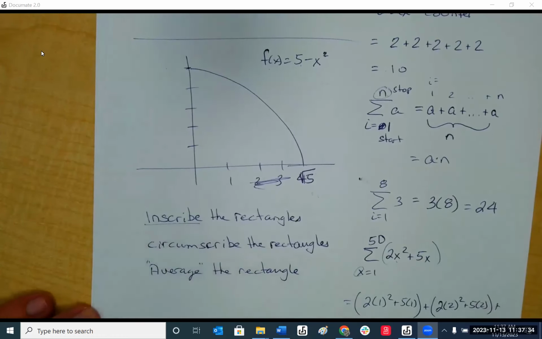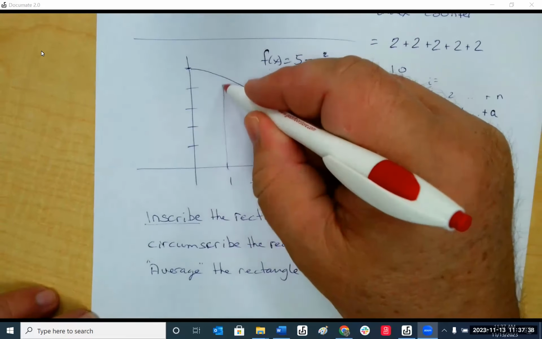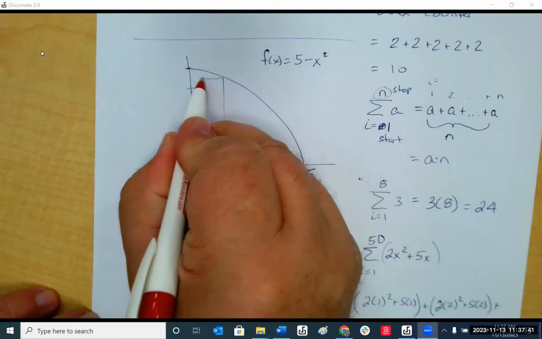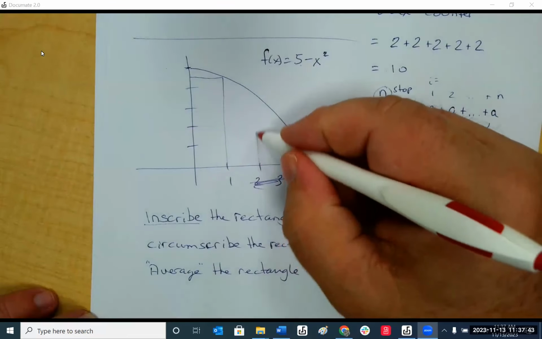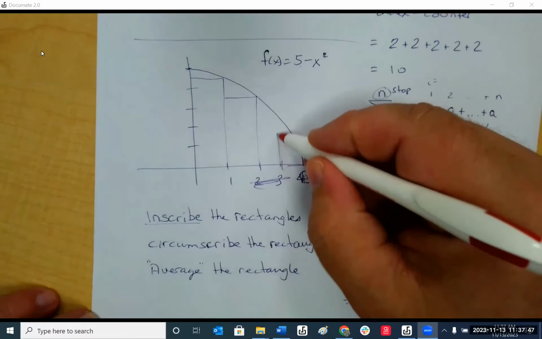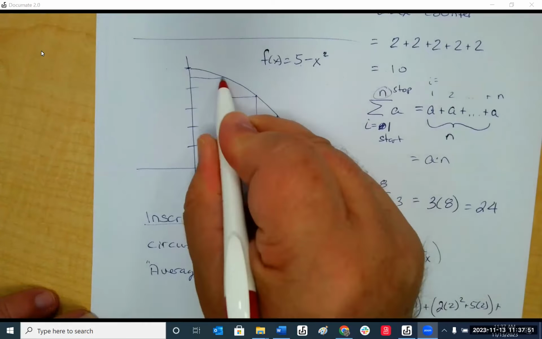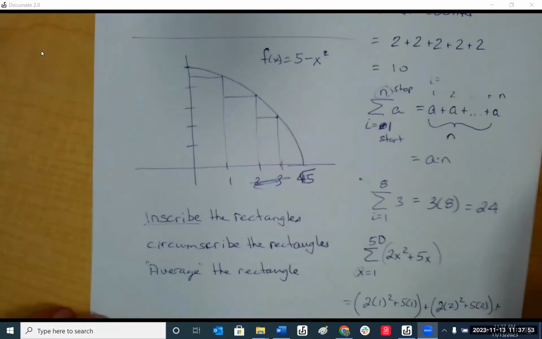What inscribe means is in the intervals we'll go and stay on the inside of the curve.